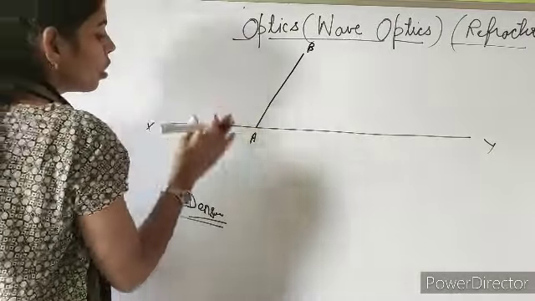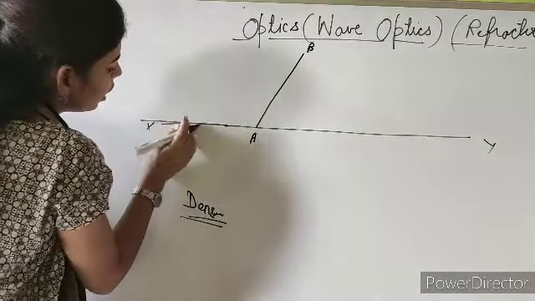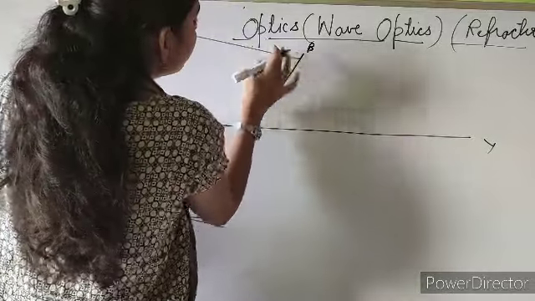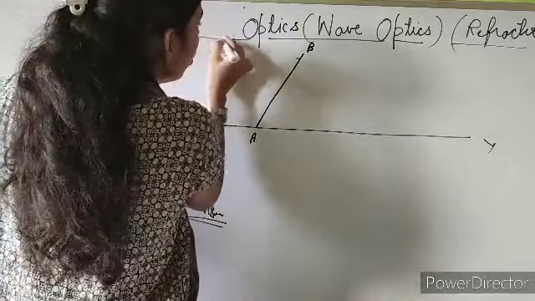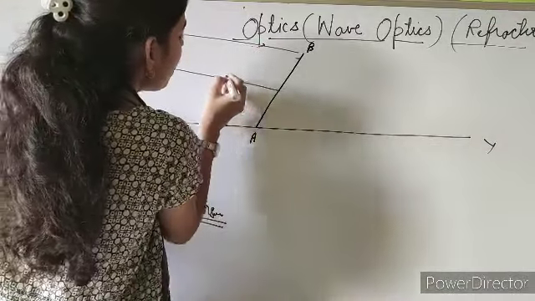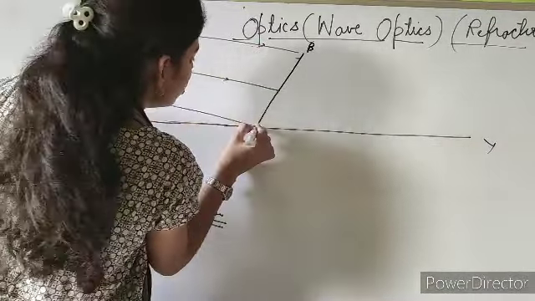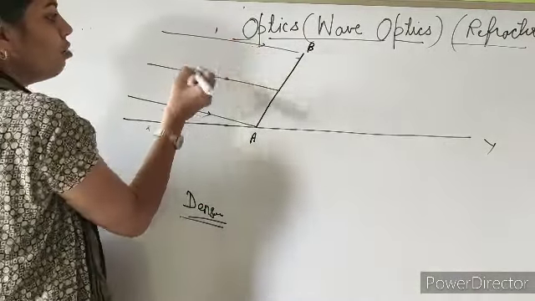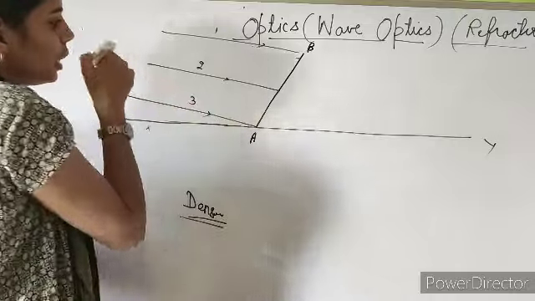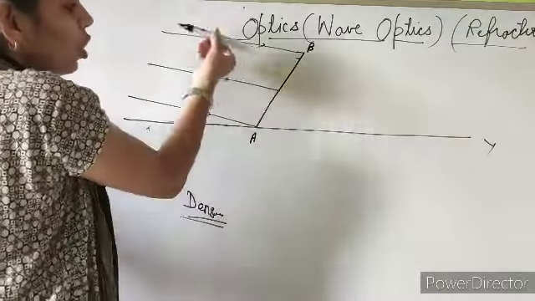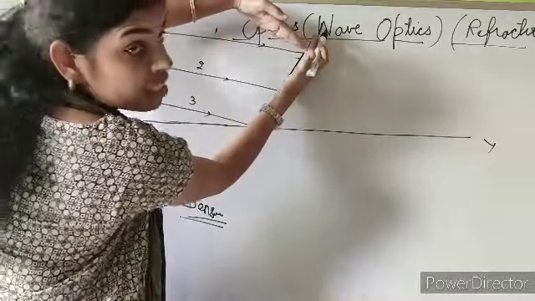And you know, on the wavefront, the rays of light are perpendicular to the wavefront, or you can say the direction of incident rays is perpendicular to the wavefront. So I have marked 3 rays of light, 1, 2 and 3. These are the incident rays of light which are normal to the incident wavefront.